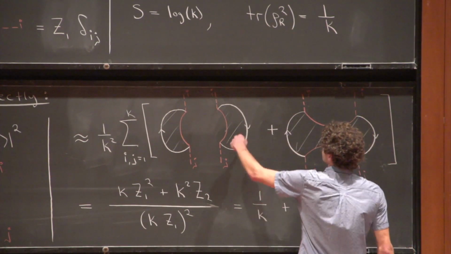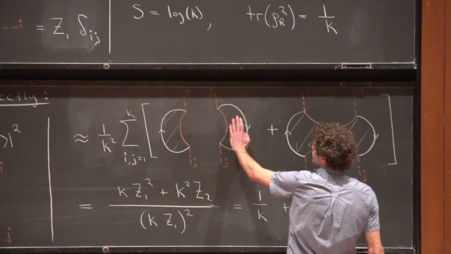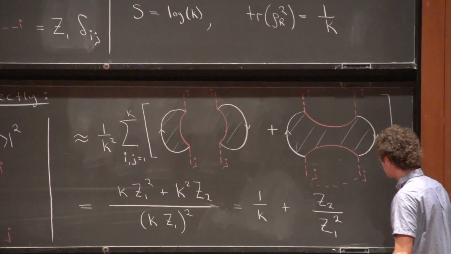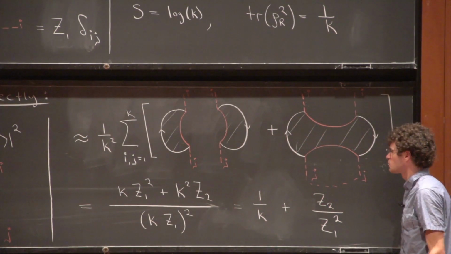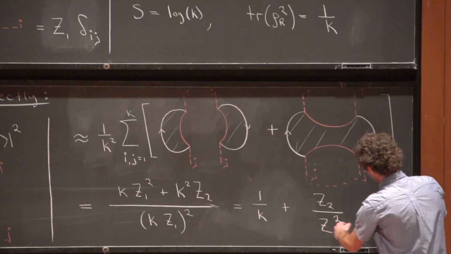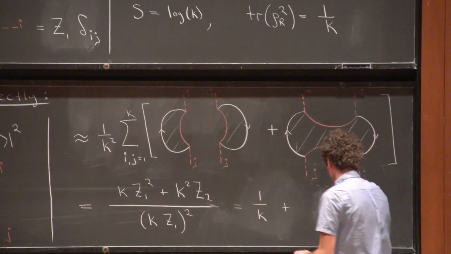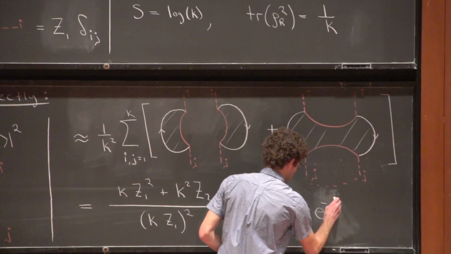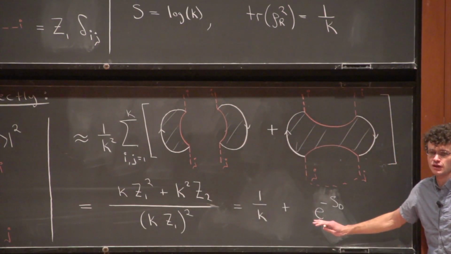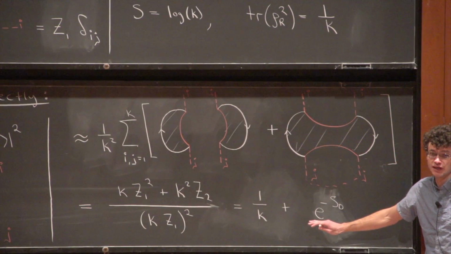The Euler characteristic of the space for the computation of z1 is 1, it's disk-like, and the same for z2. So both z2 and z1 are proportional to e to the s naught. So this quantity here is proportional to e to the minus s naught. And obviously, you can do better than this crude analysis, but it's enough to make the point.